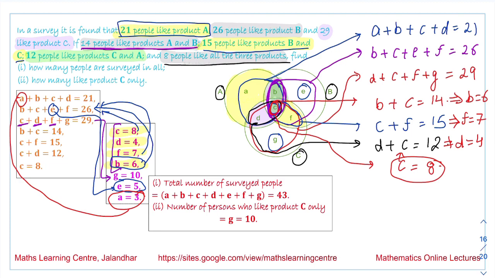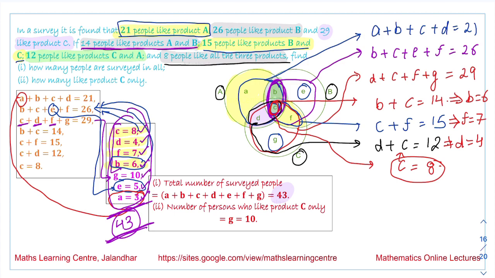Now we have to calculate how many total people are being surveyed. The total number of people surveyed is the sum of all these values: 8 plus 4 is 12, plus 7 plus 6 plus 10 plus 5 plus 3, and the answer comes out to be 43. So the total number of persons surveyed is 43.